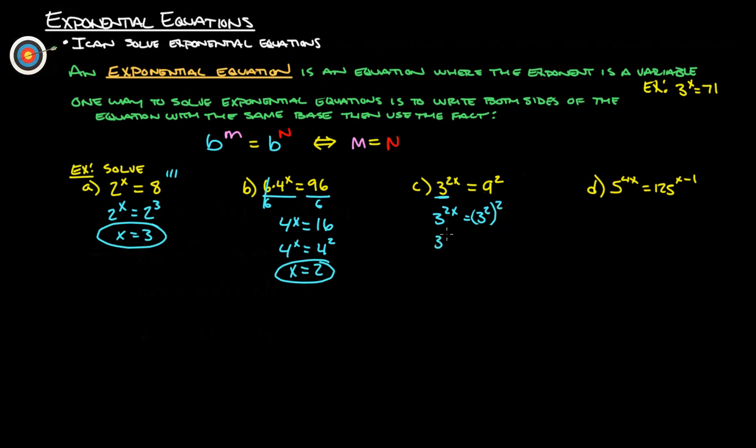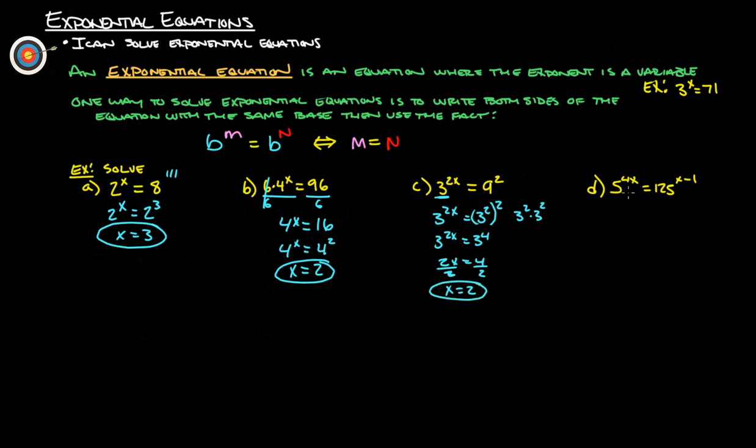So we have 3 to the 2x equals 3 squared squared. Really, that's 3 squared times 3 squared. So that's 2 3's here, 2 3's there. So that's 3 to the 4th. So now that we have the same base here, we know that 2x has to now equal 4. Divide both of these by 2, and we get that x has to be 2.